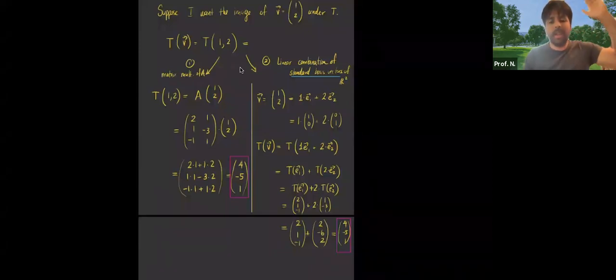So you can find any vector in R2 and where it's being mapped to under T in R3. That's the whole point. Once you're able to find the image of the standard basis vectors, you know every other vector.